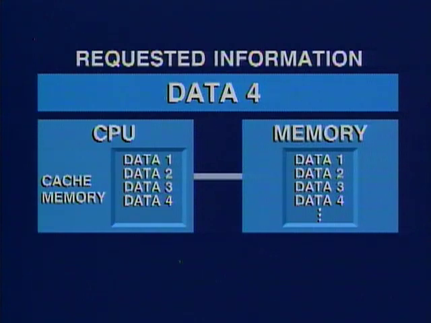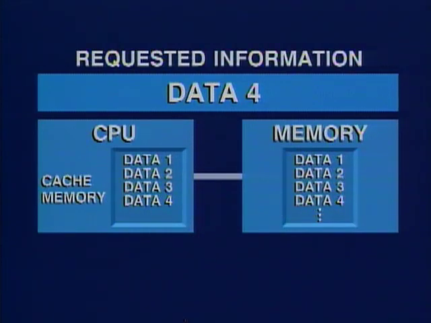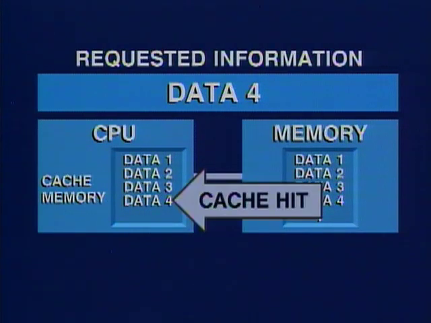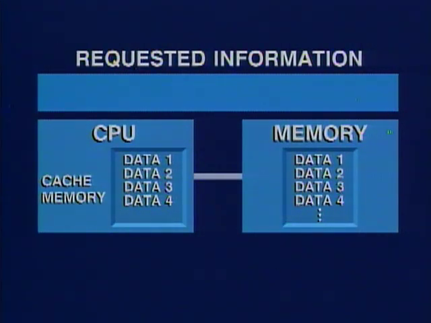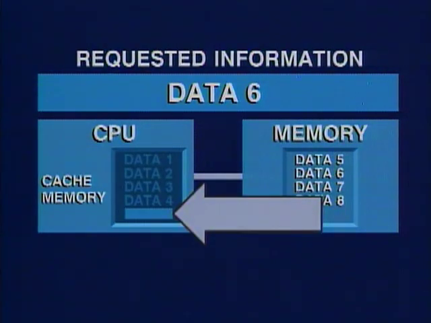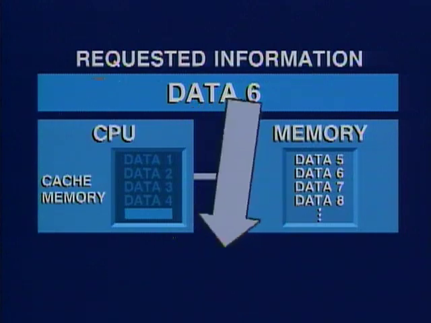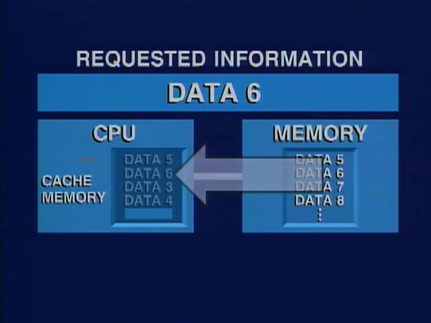Because cache memory automatically retrieves additional words each time it accesses main memory, the chances are good that the next request for information will result in a cache hit. When all locations in cache memory contain information and a new request results in a cache miss, the information retrieved from main memory will be written over the least recently used information in cache memory.